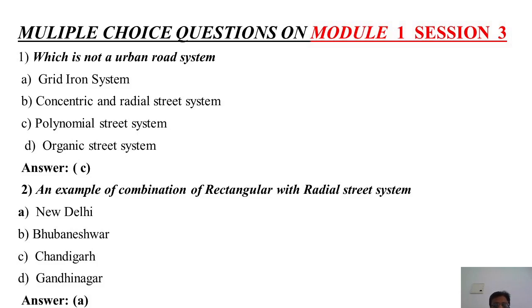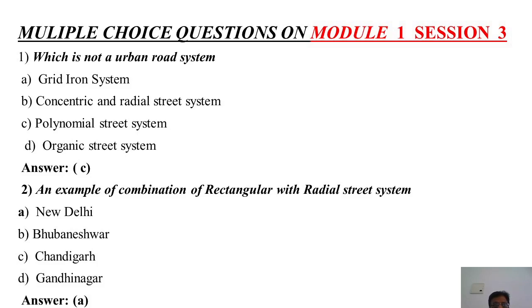An example of combination of rectangular with radial street pattern: New Delhi, Bhubaneswar, Chandigarh, Gandhinagar. The answer is A. New Delhi has been built, and it is a classic example of combination of rectangular with radial street pattern.